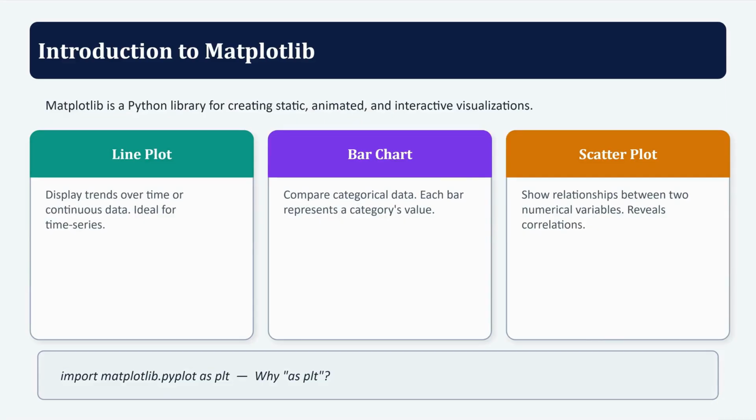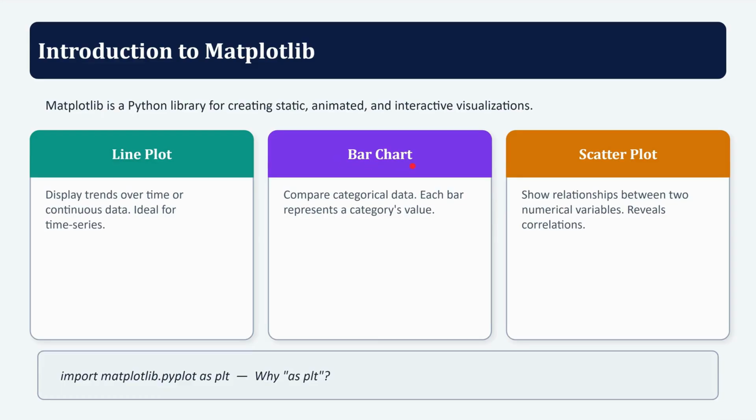So now we're going to get started on matplotlib. It's a Python library for creating visualizations, basically. Here we can create a line plot, which displays trends over time.